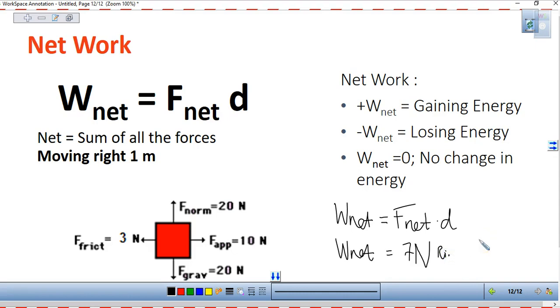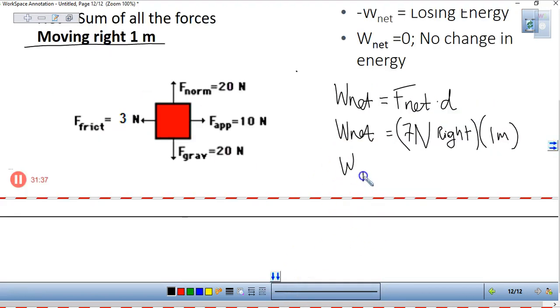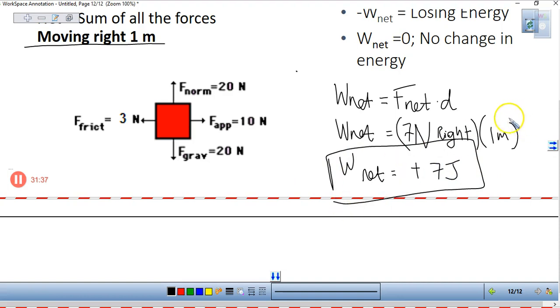Nope. I'll try again over here. I don't know why my pen didn't charge. 7 newtons right. And then the distance moving right, 1 meter. Work net equals positive 7 joules. That's because both of the directions are right.